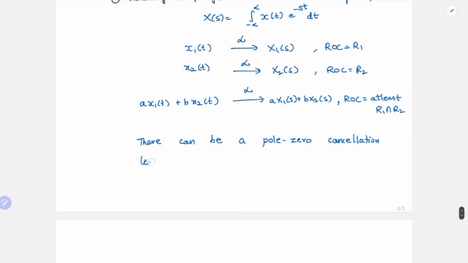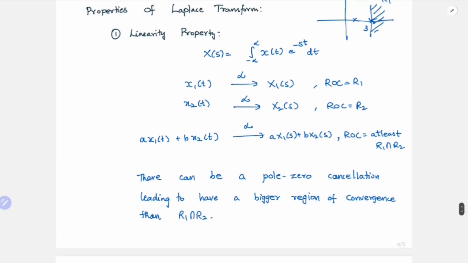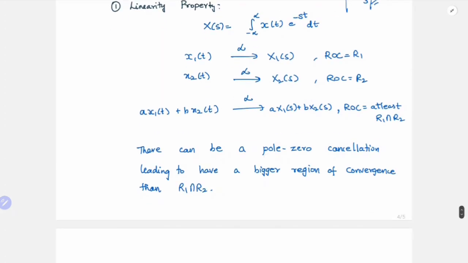So leading to a bigger region of convergence than R1 intersection R2.